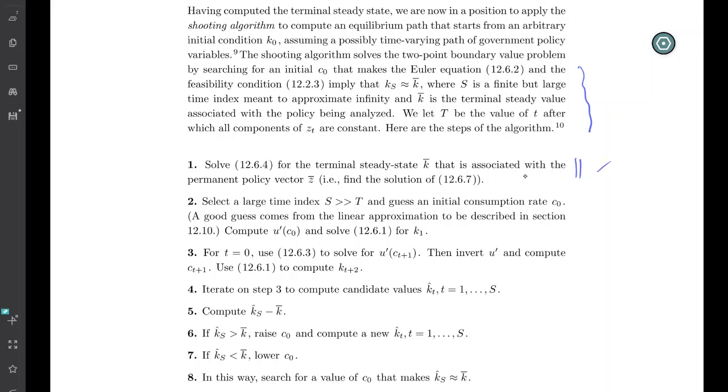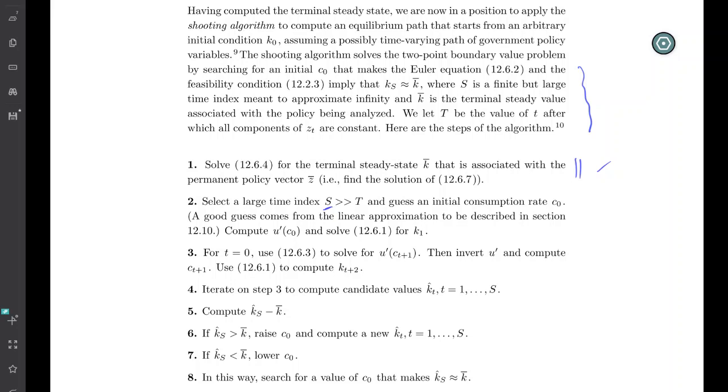Then we're going to select a very large time index S at which we have definitely converged to a steady state.